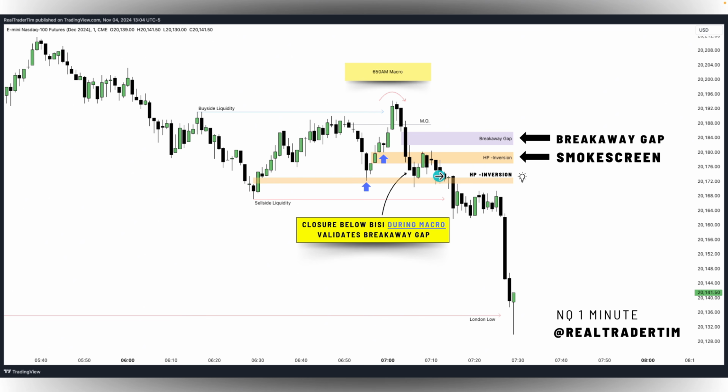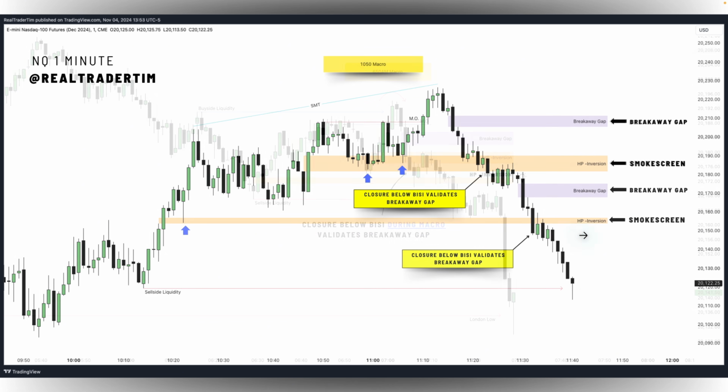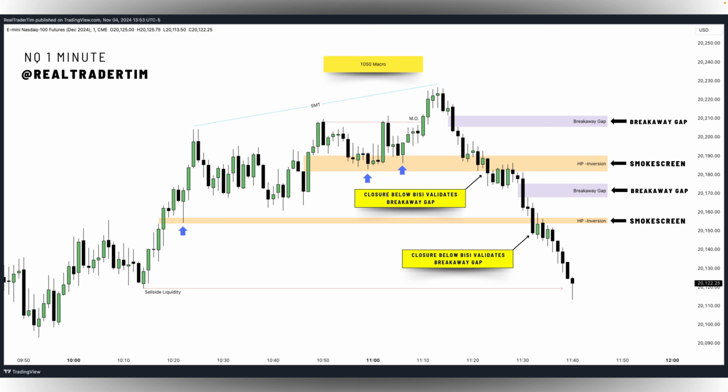Okay, and in this case, there's no inefficiencies above this lower high probability bearish inversion, but the same logic would apply. If there was, I'd want to see that left open as a breakaway gap and us expand to our next sell side objective. So continuing forward, we're going to look at very similar signatures in price.